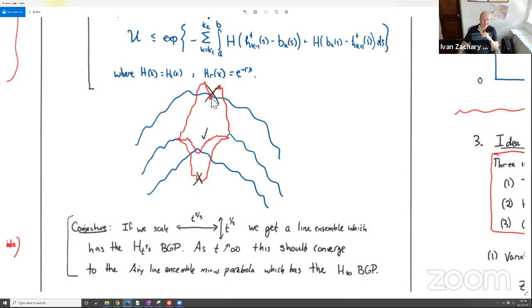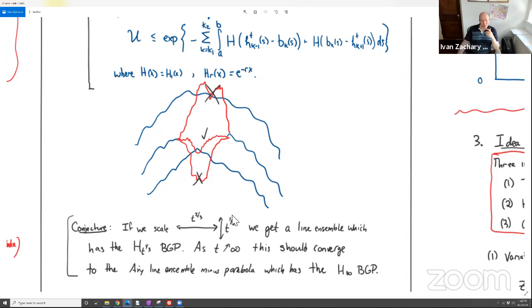So you rescale the values by t to the 1/3. Then the conjecture is that as t goes to infinity, and maybe there's some constant factor of 2 or something, I forgot, this will converge to the Airy line ensemble minus a parabola, which actually has this H-infinity Brownian-Gibbs property.